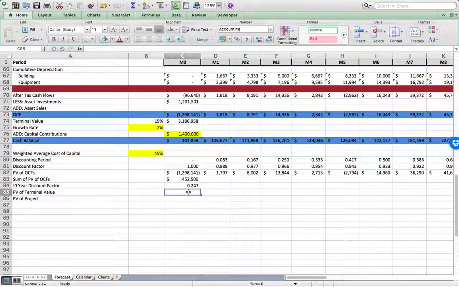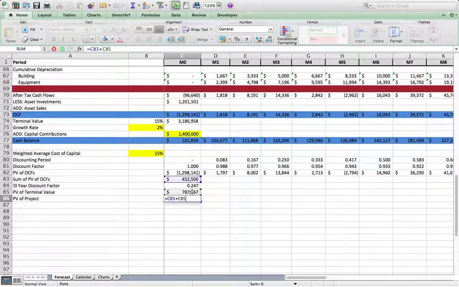So I can just do the terminal value, which we said was $3.18 million, times this factor, $787,767. Okay, so if I'm adding the present value of all the stuff up to 10 years here, plus the present value of all the stuff 10 years and beyond here, I just add those two together, all right, and that becomes the value of the project.